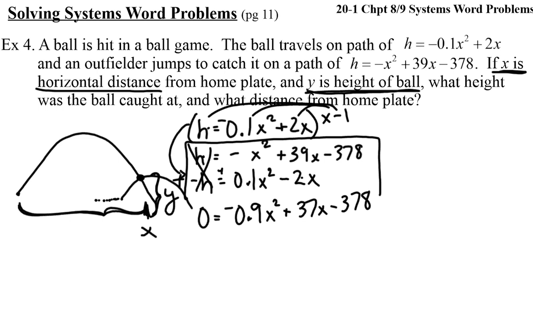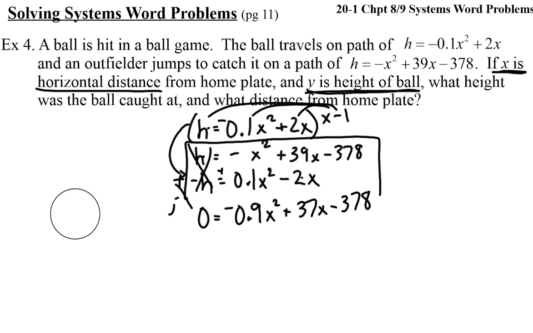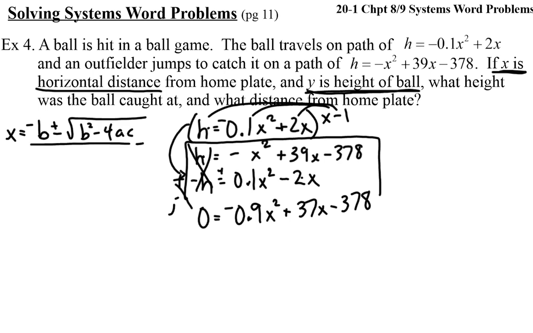I'll be honest with you, factoring that could just be plain old ugly. So how would we solve it? We would solve it with the quadratic formula. x is negative b plus or minus the square root of b squared minus 4ac, over 2a. Now I plug all of that in.